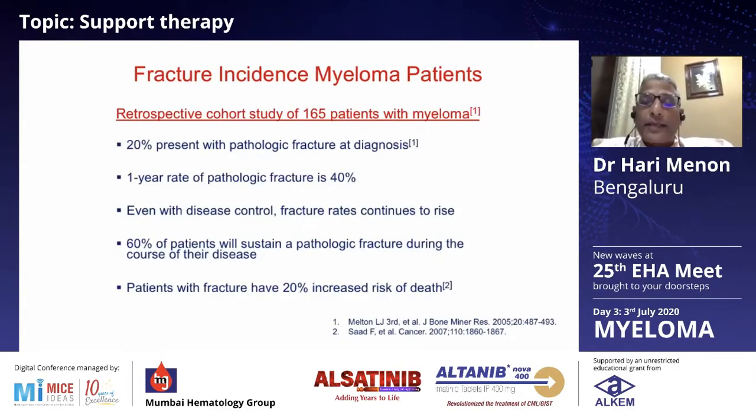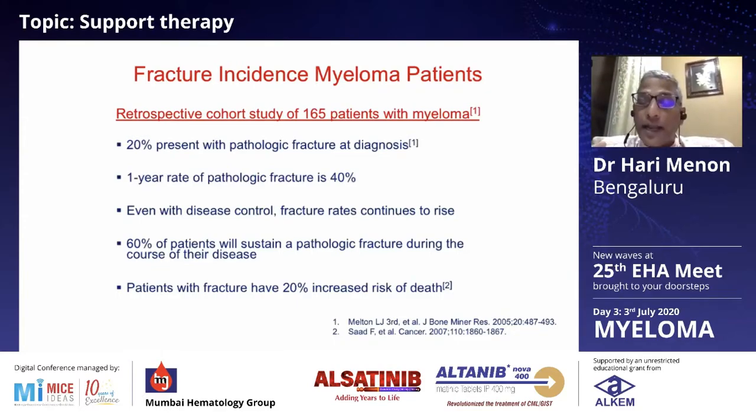And when we look at why we need to address it on a war footing, this was a paper, even though a little bit older, a retrospective study of 165 patients, which looked at the data, and it said that 20% presented with pathological fractures at the time of diagnosis. And the 1-year rate of pathological fractures went up to 40% even during the treatment of the patient.